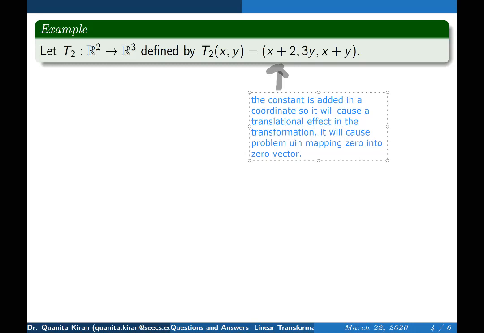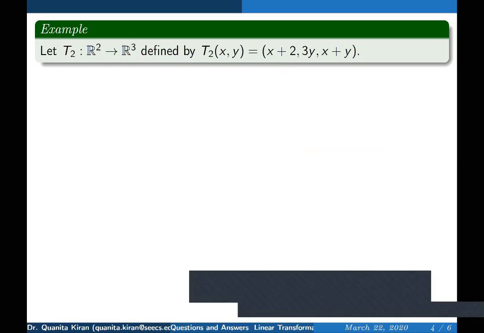Here you can also see that vector addition will also not be preserved, and like we did in the previous example, you may take a general vector and show that vector addition, for example, does not hold here.